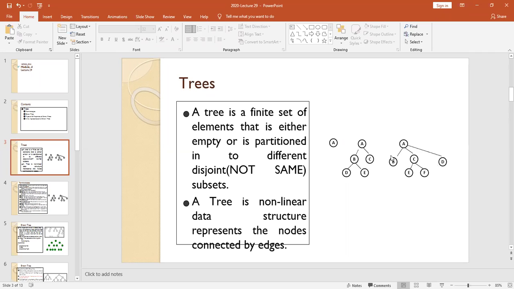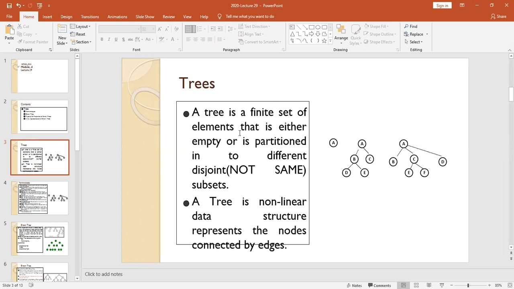Here you see it is disjoint, because in the left subset we have one, in the right subset we have one, and in the middle subset you have three. Understood? That's why we call them different disjoint subsets. So now, what is a tree?